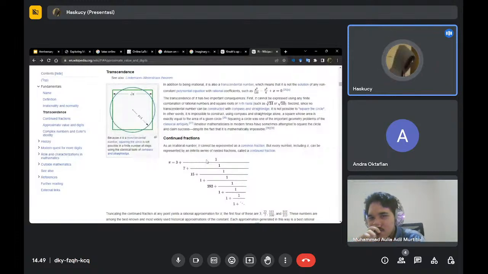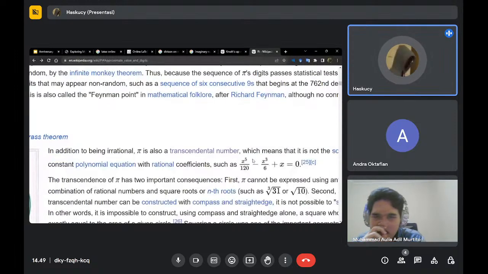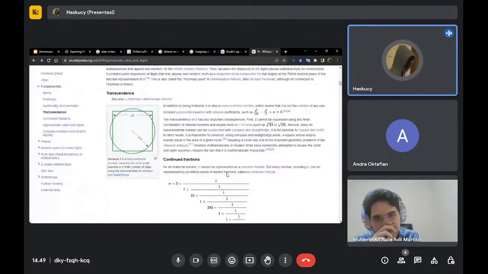Like for example, if you could express it like this, that would be fine, right? It will be nice. However, it shows that pi cannot be expressed as that.